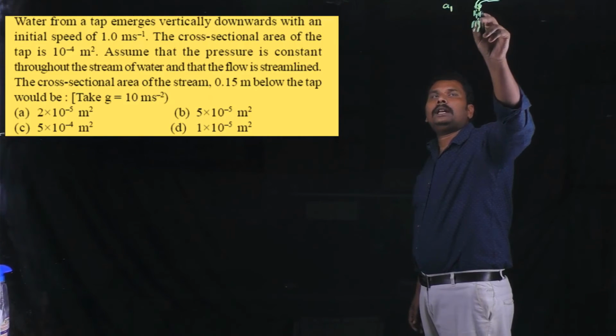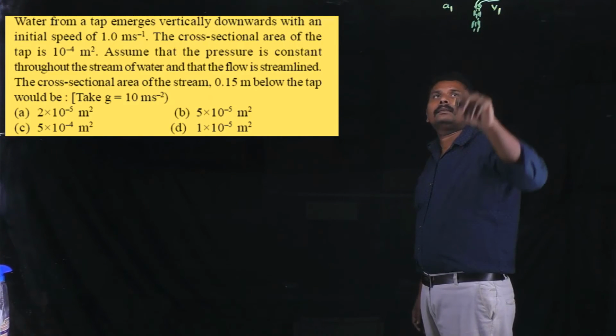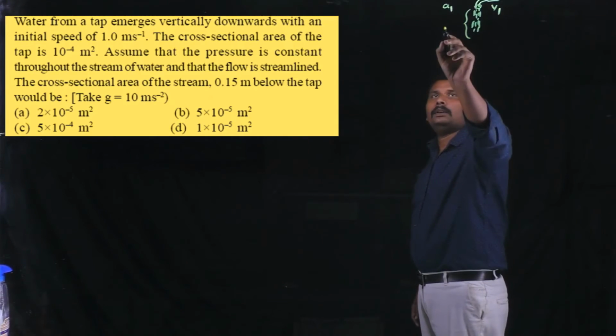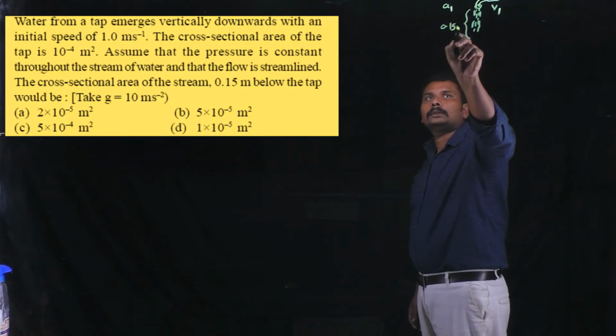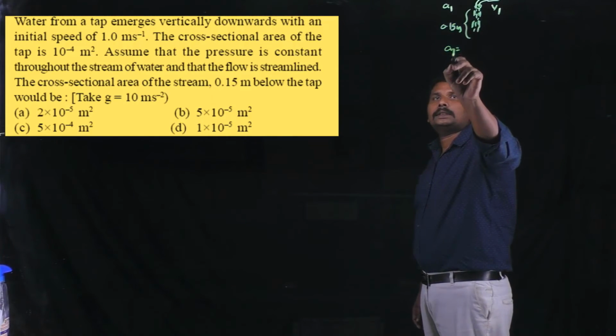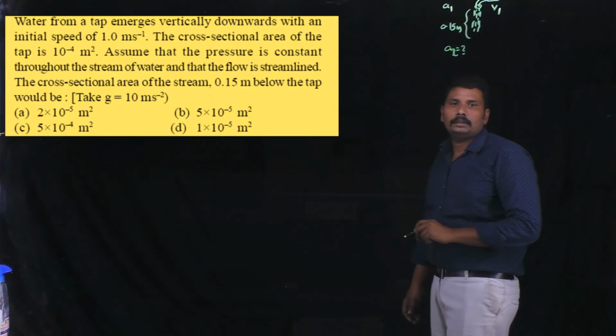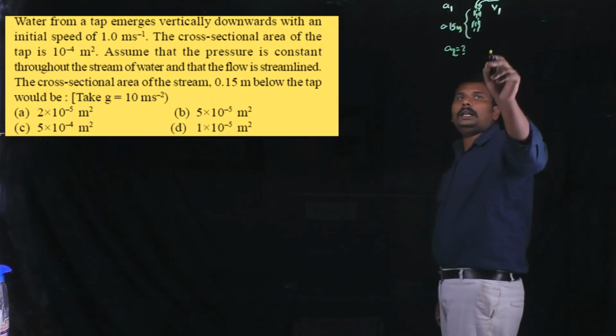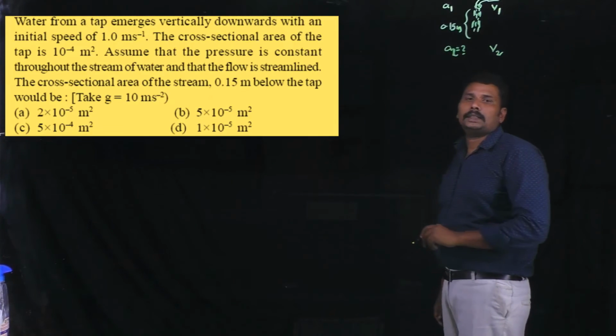Here the velocity of the flow is V1. 0.15 meter below, the area of cross section is some A2. Here we want to calculate the value of the A2 and the velocity is some V2.